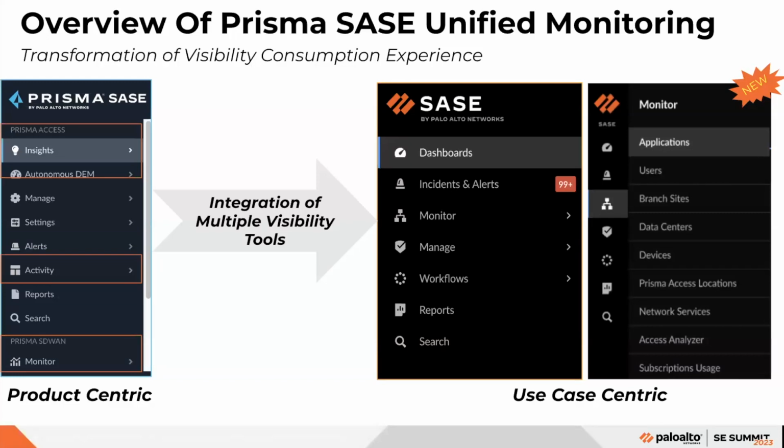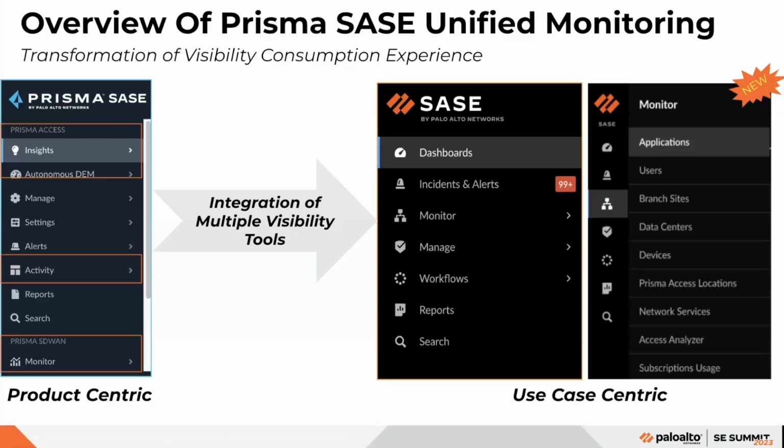Additionally, you can purchase more as your needs may be, depending on the number of users and branch sites that you expect to access your private applications running in your data centers. We show you the consumption of all of these resources in subscription usage.